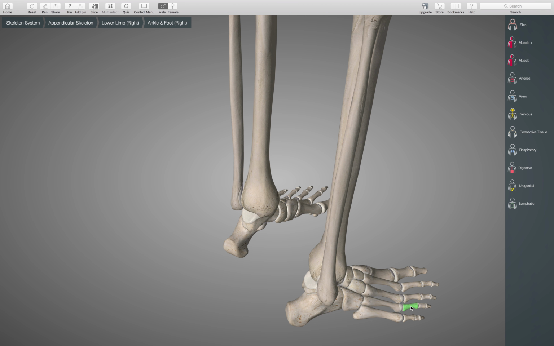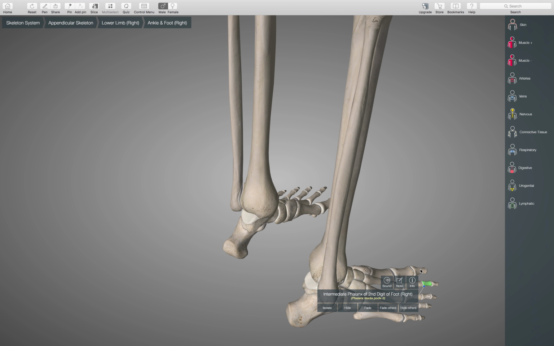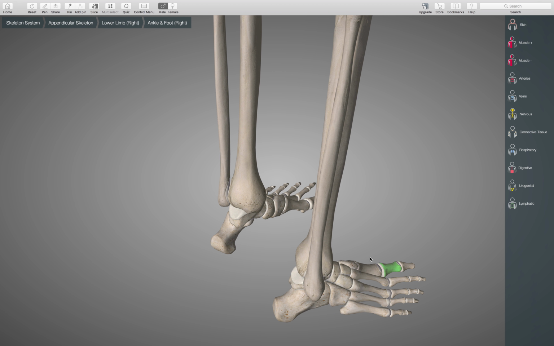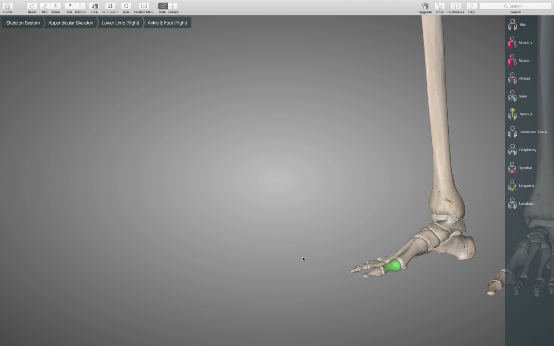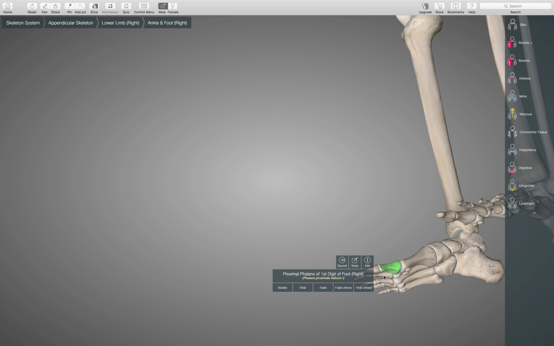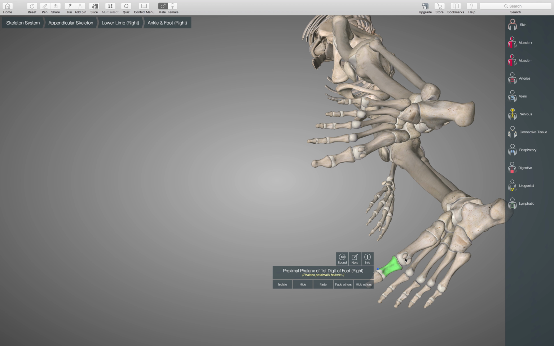On the end of them are the phalanges. The phalanges are free to move, but the thumbs here, whether the thumb of the hand or the feet, there are some bones here.